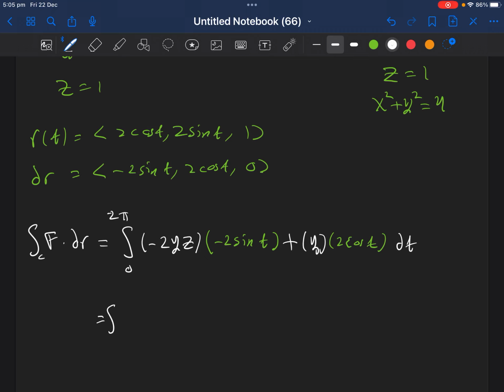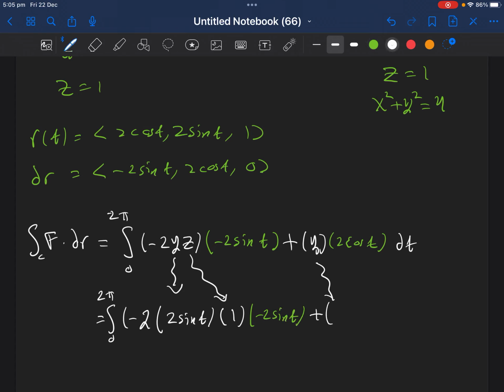Next step, put everything back in terms of t. So it will be 2 times, what is y? Y is 2 sine t. What is z? Z is just 1, times 2 sine t plus the y. What is the y?